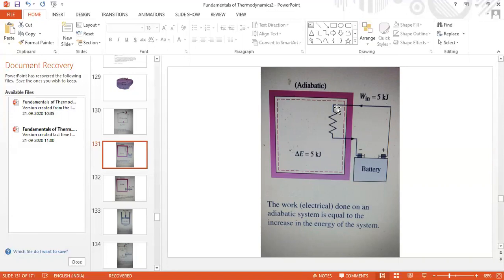So what is the value of work here, plus or minus? This is the system, and this is the electrical battery. This is supplying a work input of 5 kilojoules. So now what is the sign convention for work here? Plus 5 or minus 5?